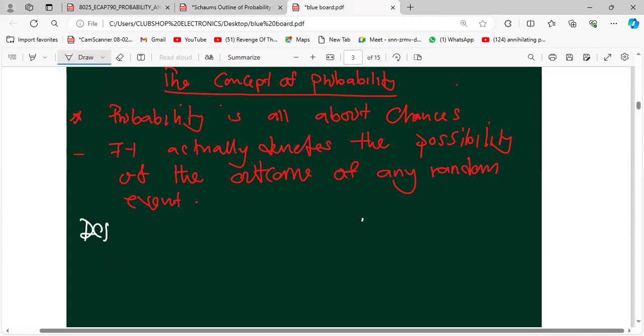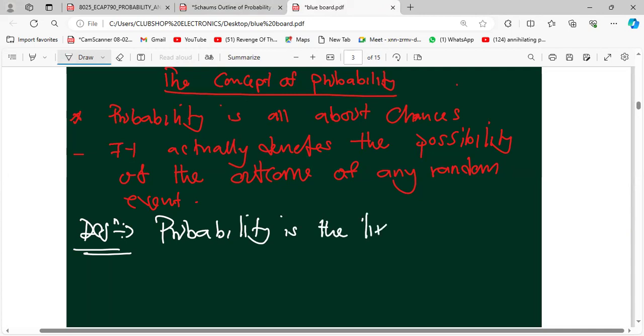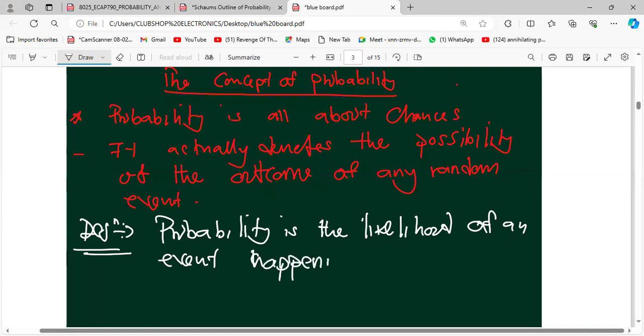So by standard definition, we are saying probability is the likelihood of an event happening, or even not happening.